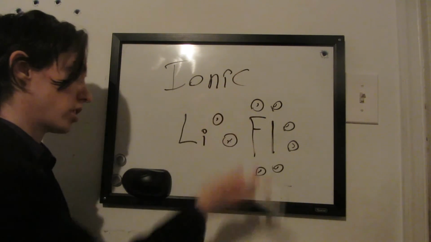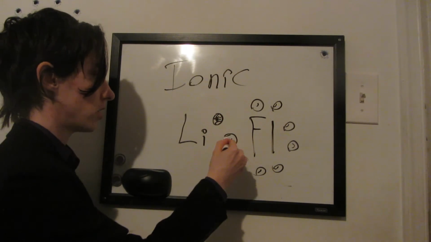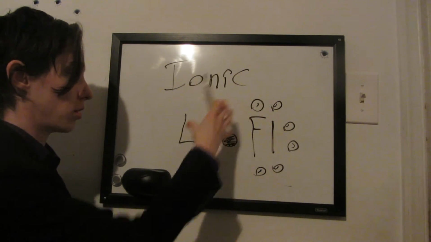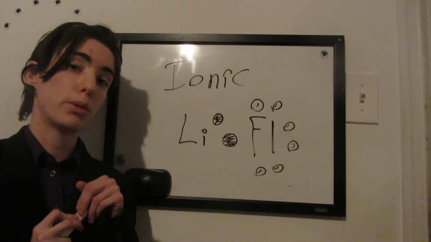The visual representation I have here, listing only the valence electrons and seeing how they come together to form bonds, is something called an electron dot formula.